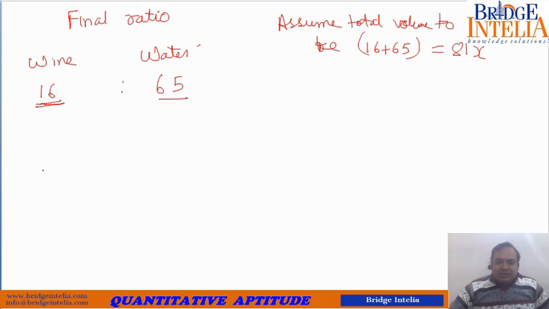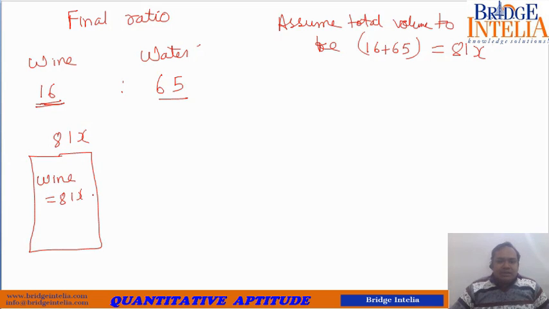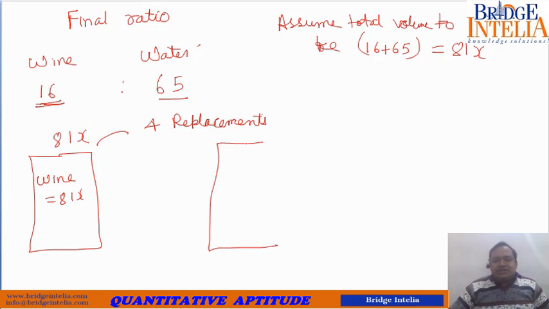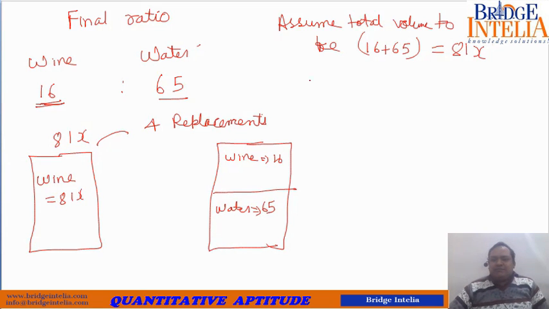It means the original volume was 81x, which was entirely made up of wine. After 4 replacements, the scenario changed: wine 16, water 65.